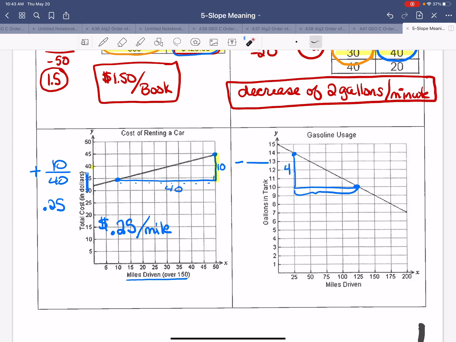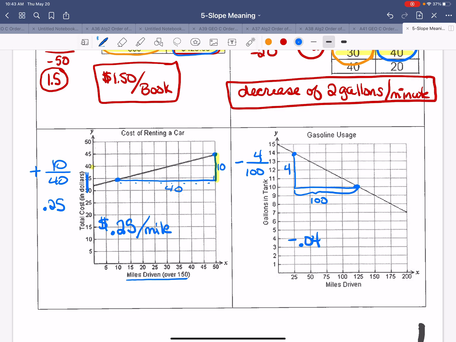So that'd be 25, 50, 75, 100. That's 100. So this is negative 4 over 100. And if you divide that, what you end up with is negative 0.04.